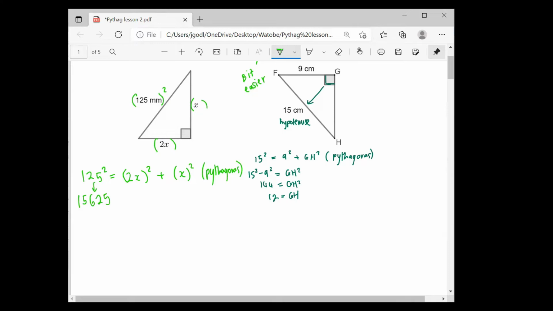That's what that means. Okay. If I'm saying (2x) squared, that's the same as me writing 2x times 2x. And this is the same as me writing 2 times 2 and x times x. Okay, you don't have to write this step up. I'm just showing for those of you who are feeling a bit lost. So 15625 is then equal to 2 times 2, which is 4, and x times x, which is x squared.